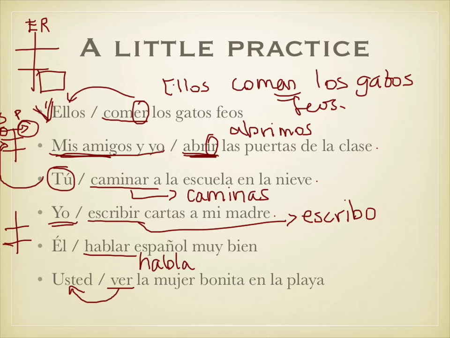If we were to draw that chart, we'd be right there. Usted ver la mujer bonita en la playa. Okay, and so there's the same thing. Because it's so short, it doesn't matter. So we'd say usted ve, because that's what it would be when we conjugate it into that person. Okay, all right. Enjoy. Now you know how to conjugate verbs.